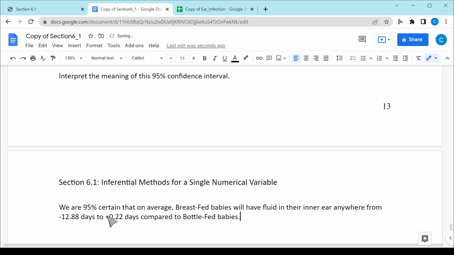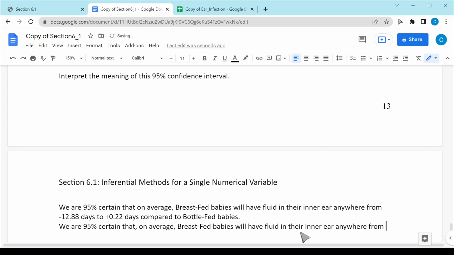Now, what do we mean by negative days here? So a slightly better version might be we are 95% certain that on average, breastfed babies will have fluid in their inner ear anywhere from about negative 0.22 days up to 12.88 days less than bottle-fed babies.